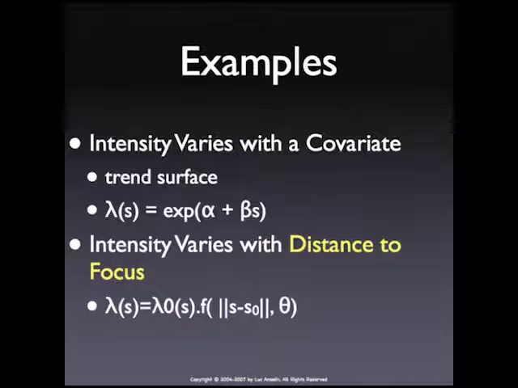We say, well, it's not just the population density, but it's also how close they live to this incinerator. We know where the incinerator is, S0. The closer the incinerator, the higher your intensity of the cancer will be. The further away from the incinerator, the lower the intensity.